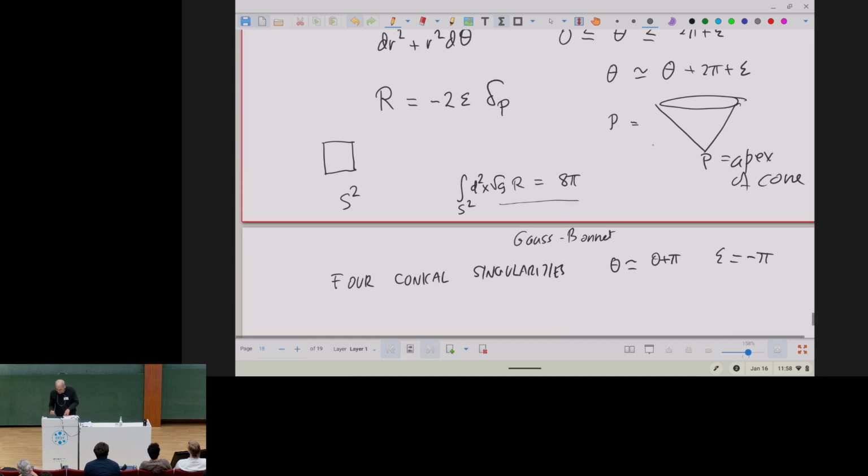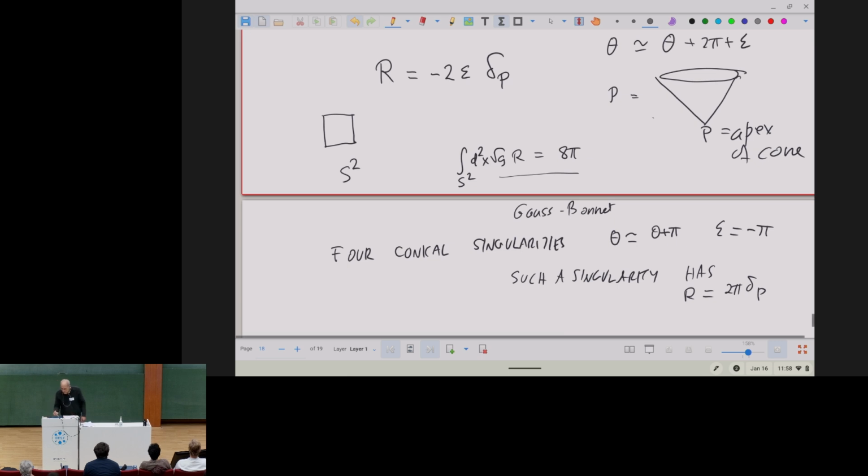To satisfy this formula, such a singularity has scalar curvature 2 pi times the delta function. And so that checks this formula when epsilon is minus pi. There's a version of the Gauss-Bonnet theorem from which you could deduce this in general, but usually I remember it except for the coefficient, and what I've just told you is how I always remind myself of the coefficient.